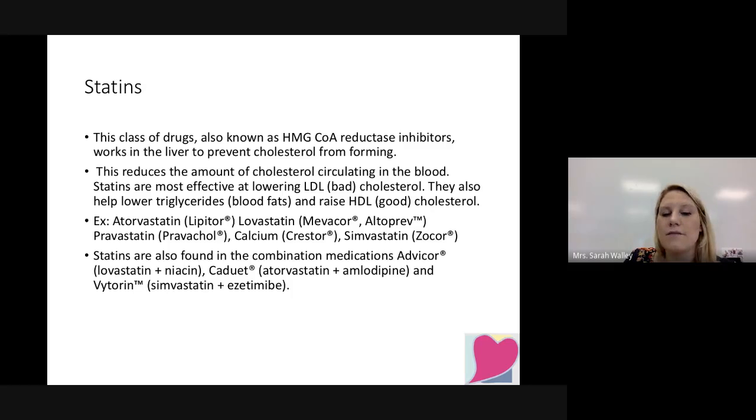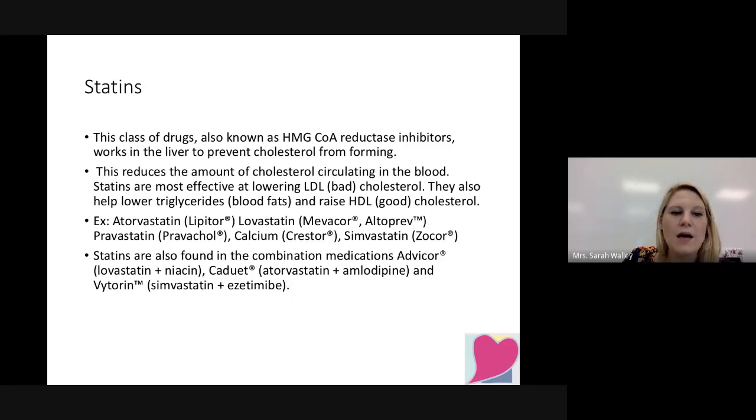But if they can't do it somehow, then the doctor might recommend them getting on something like this. This reduces the amount of cholesterol circulating in the blood. Statins are most effective at lowering LDL or bad cholesterol. They also help lower triglycerides, or blood fats, and raise HDL or good cholesterol.